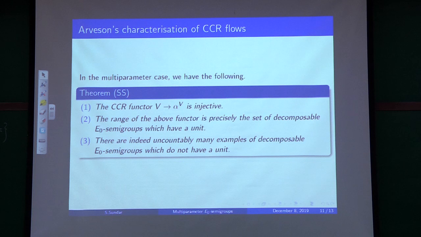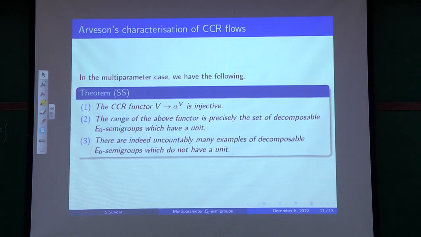What we do have in the multi-parameter case is that yes, the functor is injective. That is, if alpha V and alpha W are isomorphic, then V and W are unitarily equivalent. If you have a decomposable E0 semigroup which has a unit, then it must be a CCR flow.